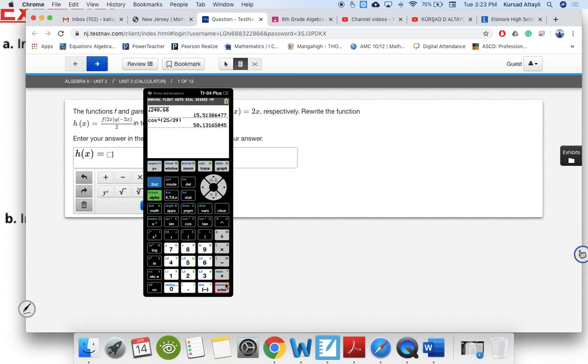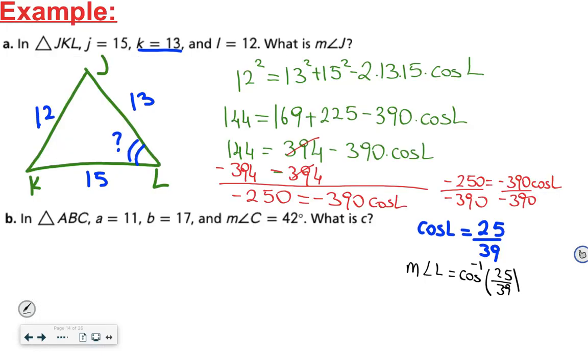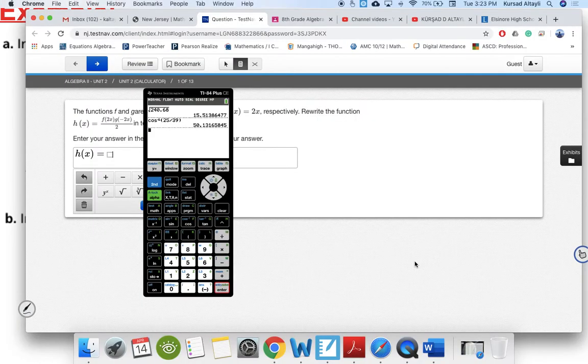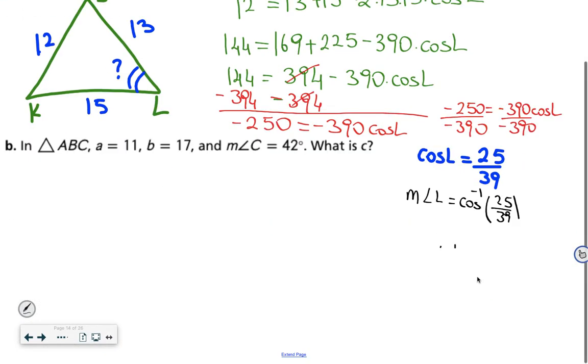And you will get 50.13. Then the measure of angle L is 50.13.